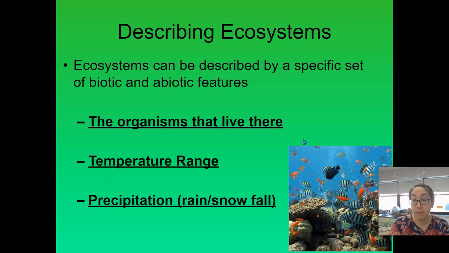So when we describe an ecosystem, if we're talking about details of that ecosystem, we think about what organisms live there, what temperature range they need to survive, and what type of precipitation, so rain or snowfall. So you can think of this as the organisms and the climate.